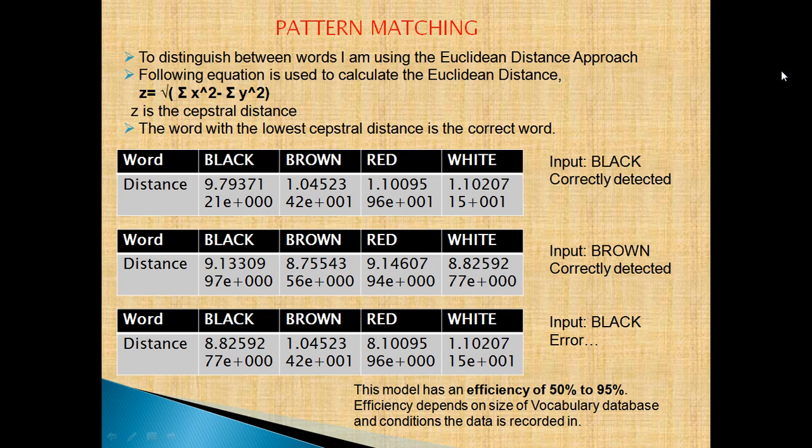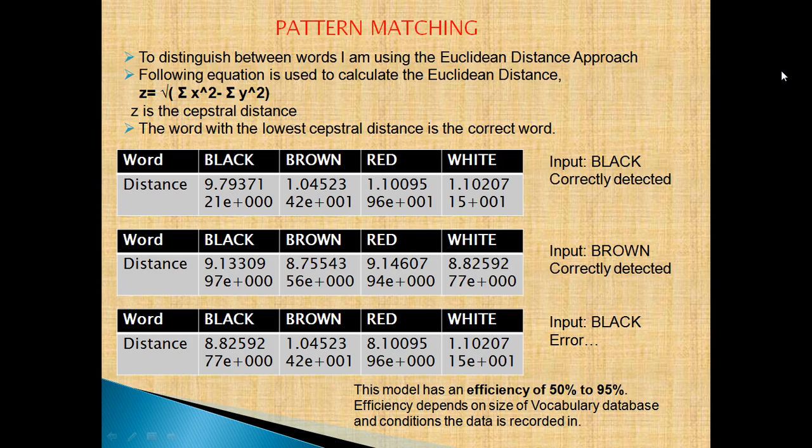So the model that I have designed till now is only helpful in providing an efficiency of about 50 to 95%. But this efficiency completely depends on the environment the data is recorded in, and it also depends on the size of the vocabulary database.